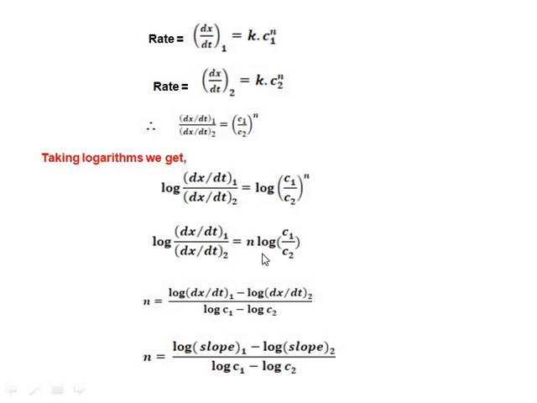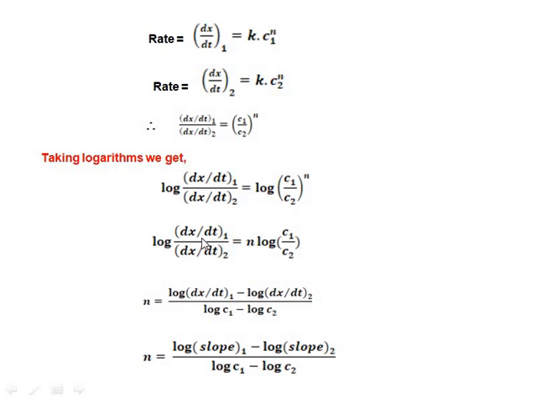These terms will be divided here, therefore n is equal to log of (dx/dt)1 upon (dx/dt)2 upon the log of c1 by c2, right? But one step is missing, which you should understand.